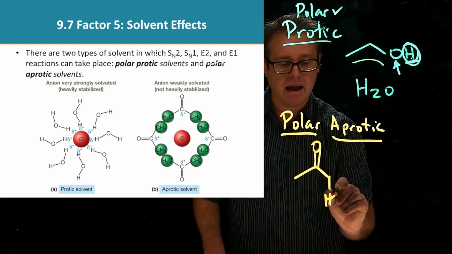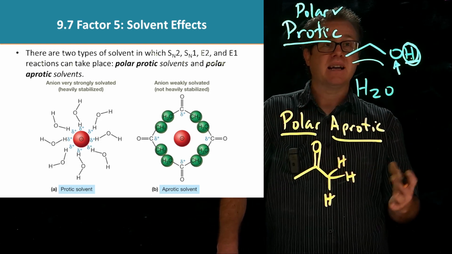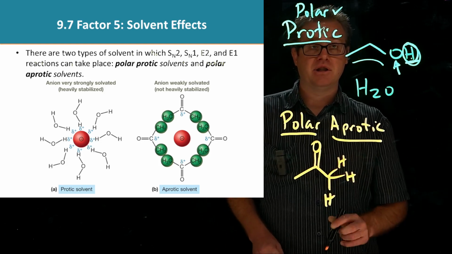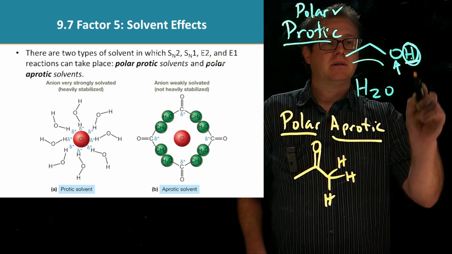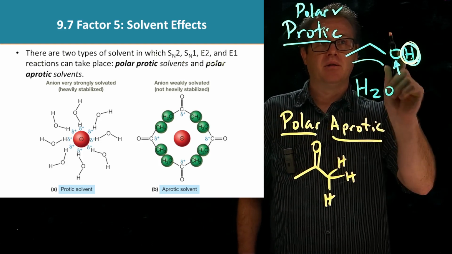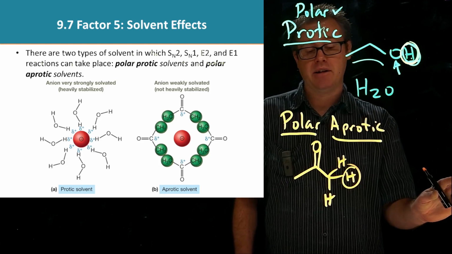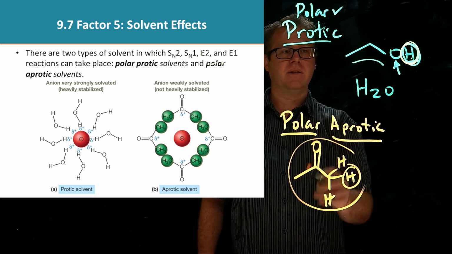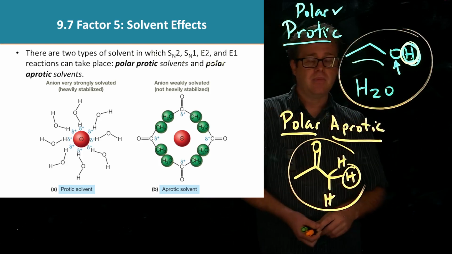Yes, it does have those 3 hydrogens on those carbons. Yes, it has hydrogens, but it does not have hydrogens that can hydrogen bond. That's what we're looking for. So hydrogen bonding capability, protic; hydrogens that cannot participate in hydrogen bonding, aprotic. So this is a polar aprotic solvent. These are polar protic solvents.